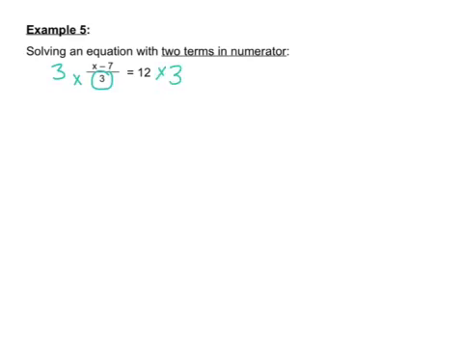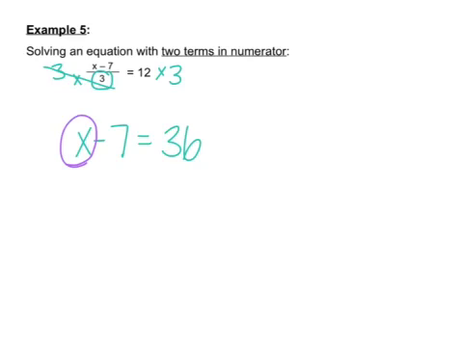And when we do that, the beauty is we are now x minus 7 equals 12 times 3. And if we do the math, 12 times 3 is 36. And now notice this x is no longer in a numerator. It's no longer part of a fraction at all. It's standing alone by itself.